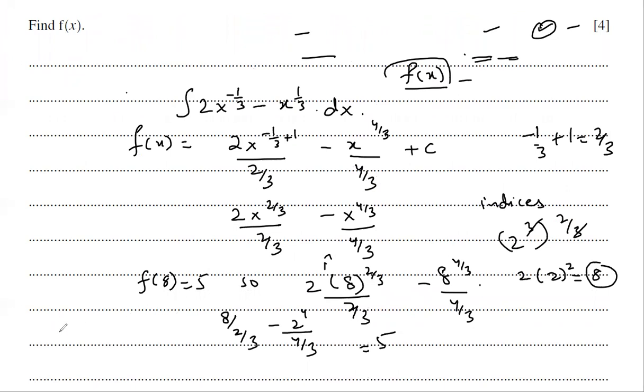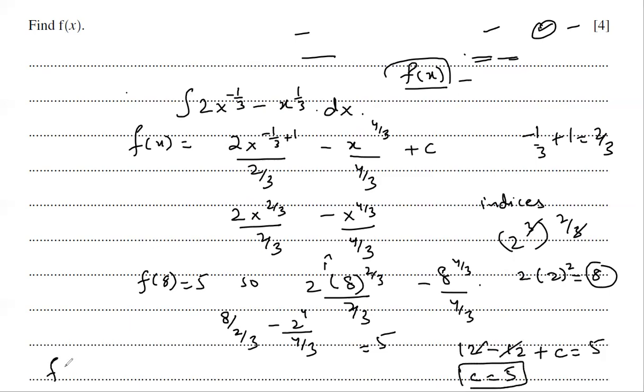So moving forward, we are getting 12 minus 12 plus c is equals to 5, and c, since these are cancelled, is equal to 5.